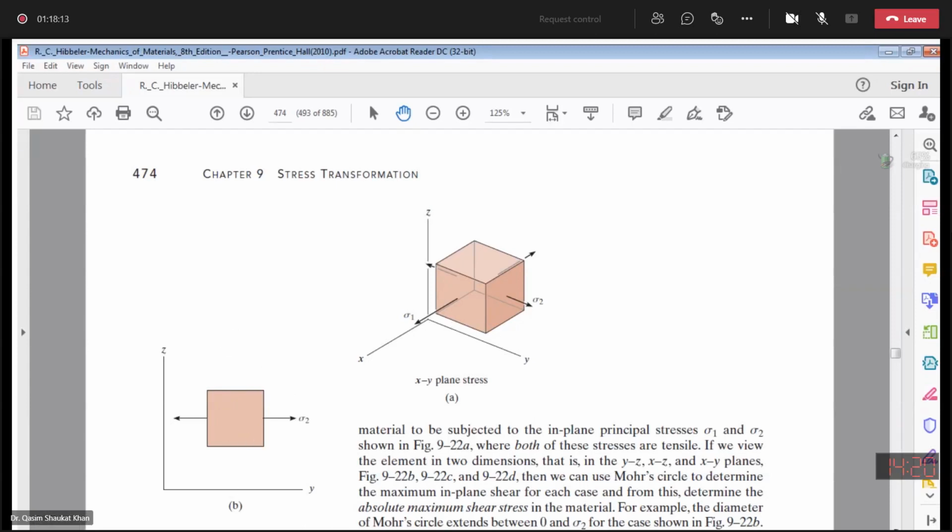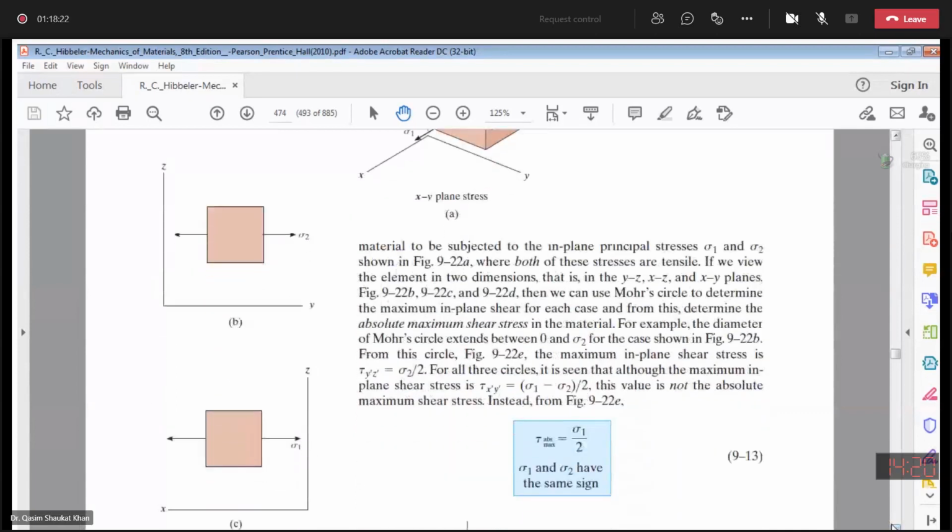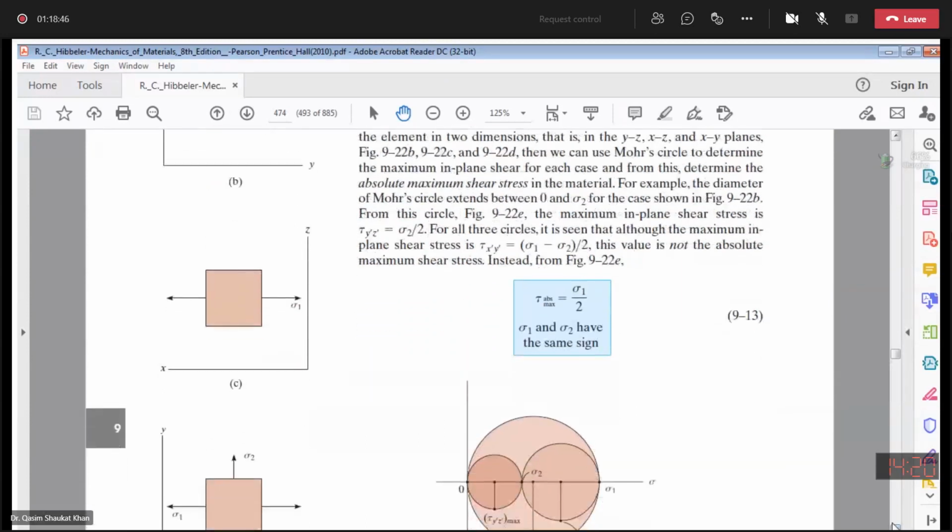Then let's take the x and z plane. In the x and z plane, you have the principal stress along the x direction, that is sigma 1, but no principal stress about the z-axis. Then we have a third scenario, the x and y plane.